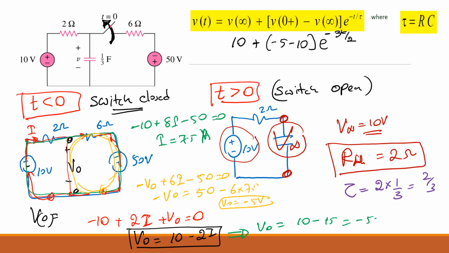So that will be 10 minus 15 e to the power negative 3t over 2. This is what I got. Do you get the same?